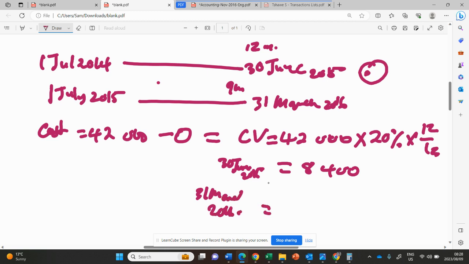2016. So now we need to get the carrying value. What is the carrying value?